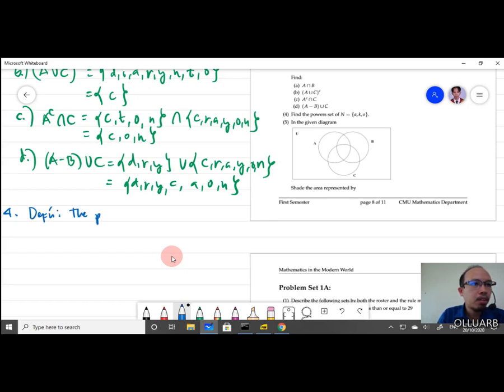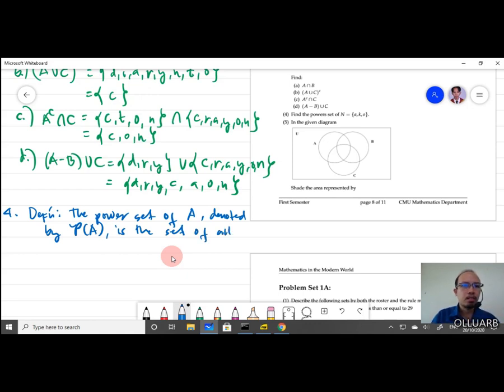The power set of the set A, denoted by P of A, script P of A, is the set of all subsets of the given set A.